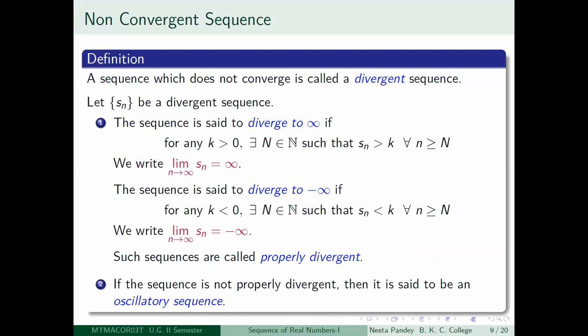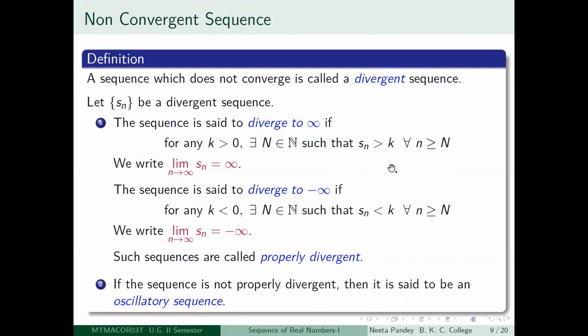If a sequence is not convergent and it is also not properly divergent, such sequences are called oscillatory sequences. This term comes from exactly oscillation, which was used in the beginning, but then there were examples of many sequences which were not properly divergent and which were not oscillating in the real sense of the word.